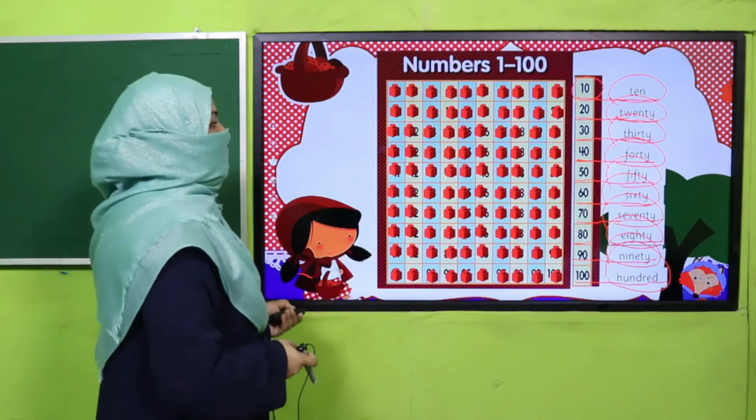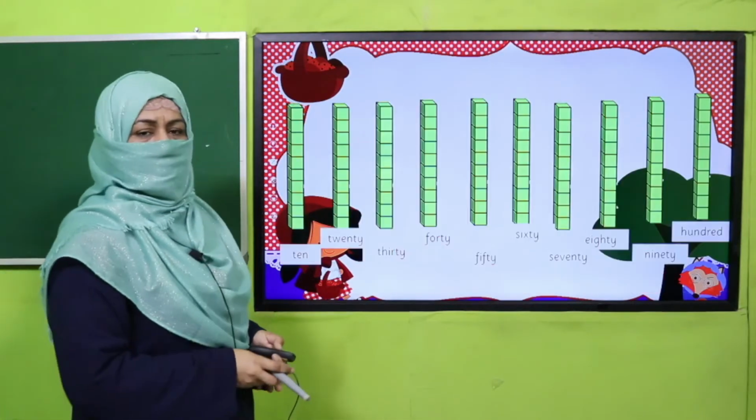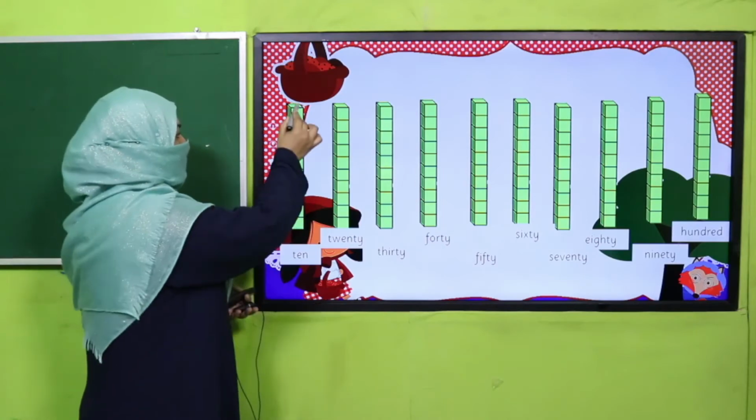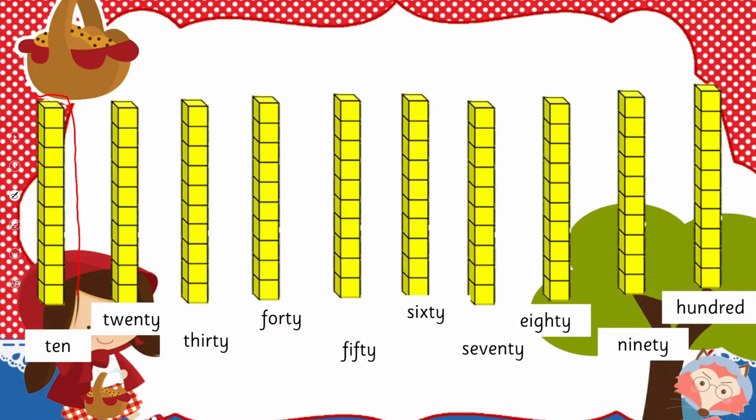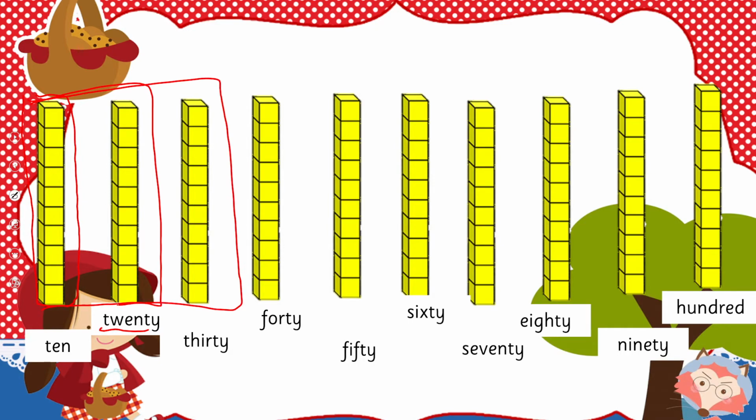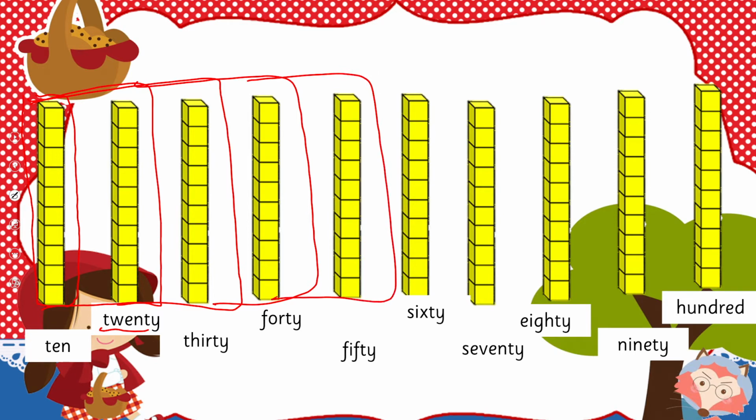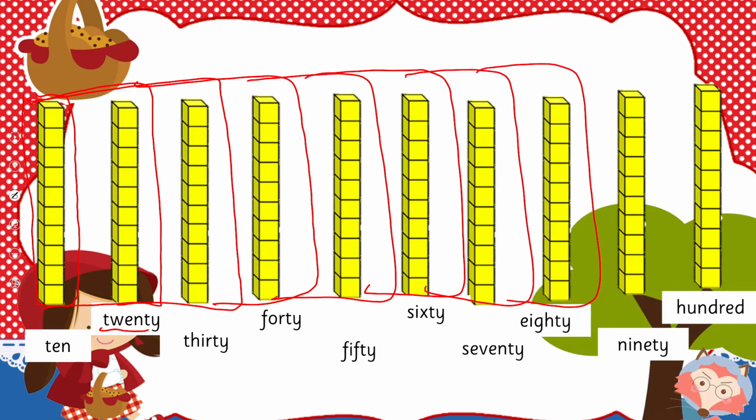That's good. So once again, I'm going to explain it to you. If I keep piling up 10 blocks, it's 10. And other 10, it becomes 20. Another 10, it becomes 30. Another 10, it becomes 40 and 50 and 60 and 70 and 80 and 90 and 100.